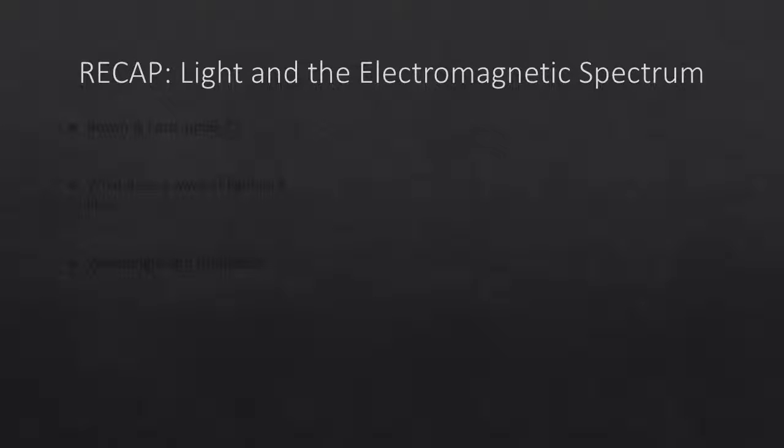Okay, so let's start with some recapping. Let's start just with some basic light and the electromagnetic spectrum, if you want to play along while following in your book. So let's look at some basics about what a wave of light looks like. When you have a wave of light, remember it's a transverse wave.